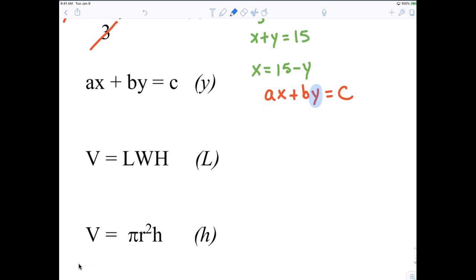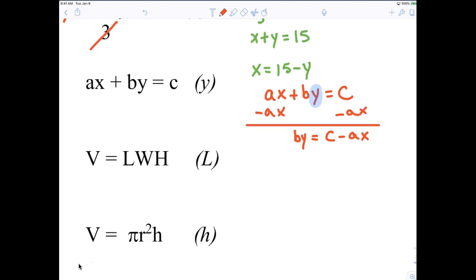Now, I'm going to go ahead and put minus AX here just so you can visualize it. Is it necessary to put minus AX? No, it's not. All right. Now, when I do that, I end up with BY equals C minus AX. Miss Pliego, go ahead. Finish it off. Now what?